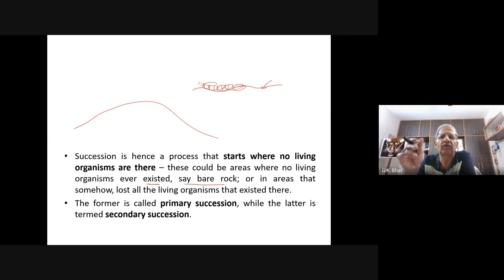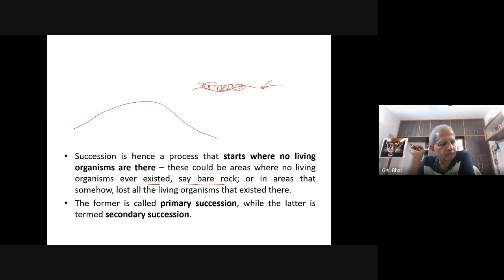So if at all you are asked what is succession? Yes, succession is nothing but. Who will tell what is succession? Come on. Again, explain what is succession. Aisha? Blessy? Blessy, have you come?